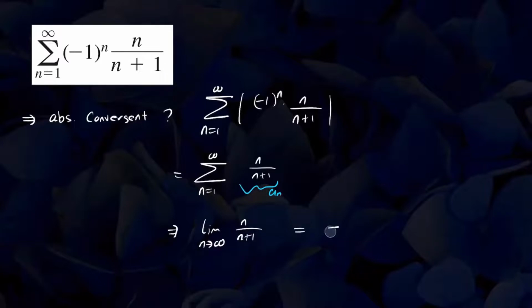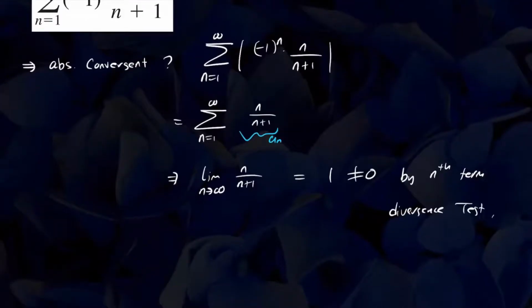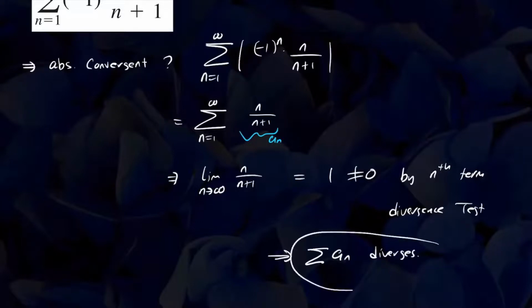So because this limit is 1, it's not 0, by the nth term divergence test, this actually diverges. So it is not absolutely convergent. So this implies that our series diverges. So the absolute convergence test doesn't work.